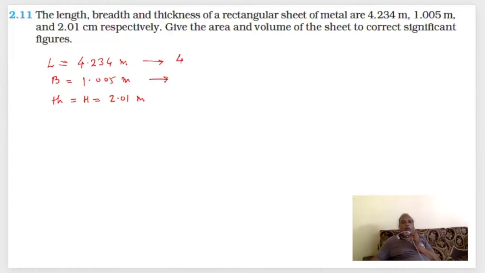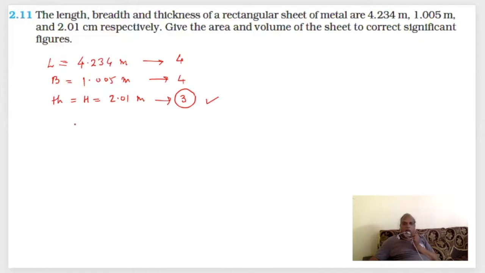In this case, also four significant figures are there. But here, three significant figures are there. So, our minimum significant figures are three. So, we have to report our answer in only three significant figures, which is the minimum.